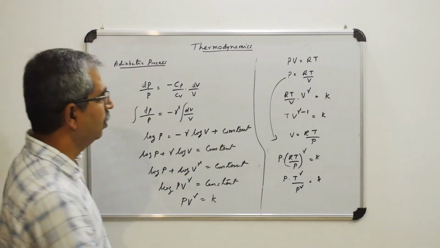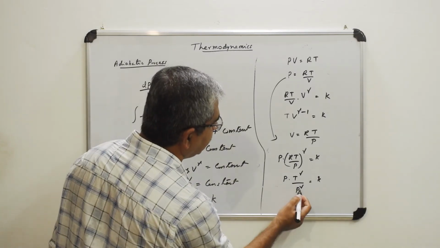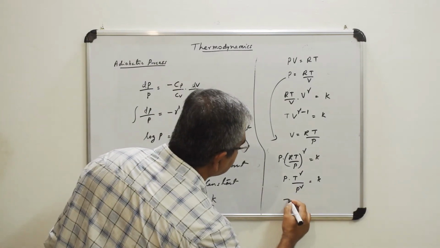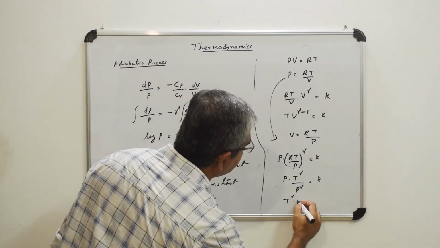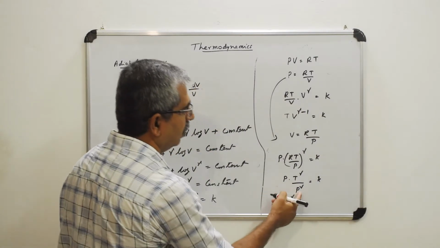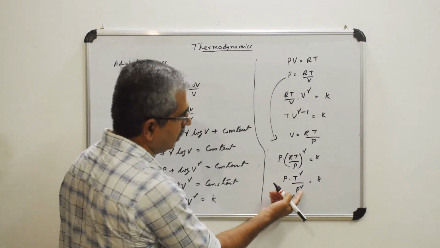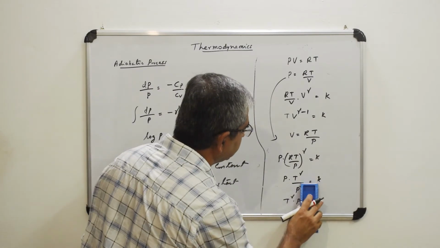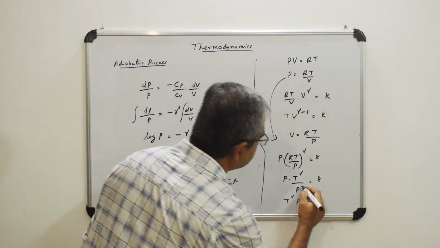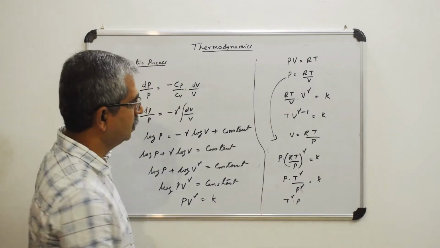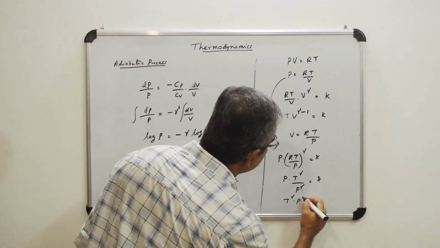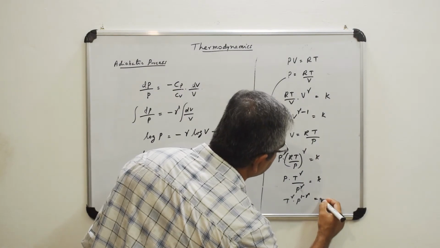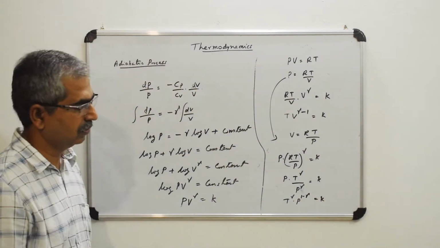Okay, now you can write it as T raised to gamma into P raised to 1 minus gamma, isn't it? Take this to the numerator. So T raised to gamma into P raised to 1 minus gamma equal to a constant.